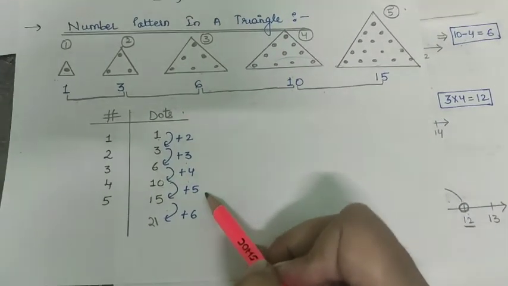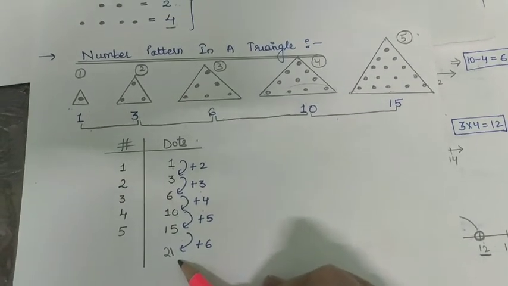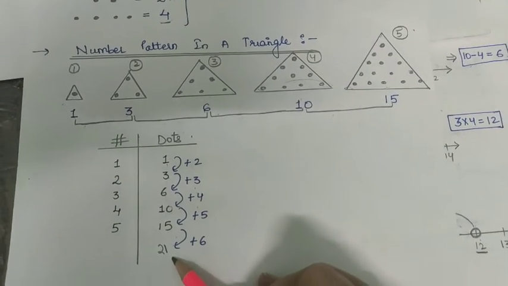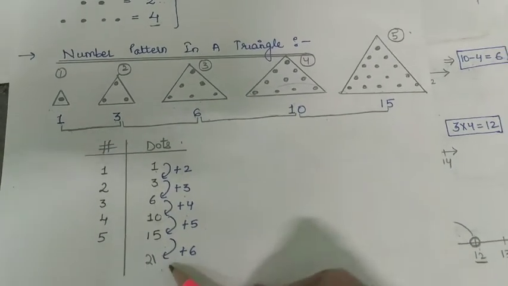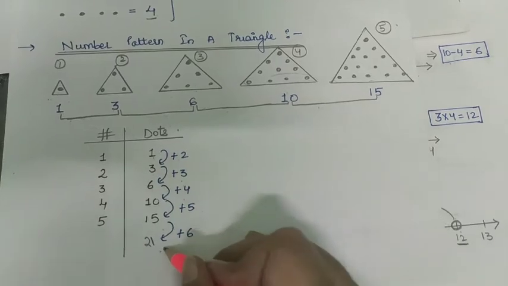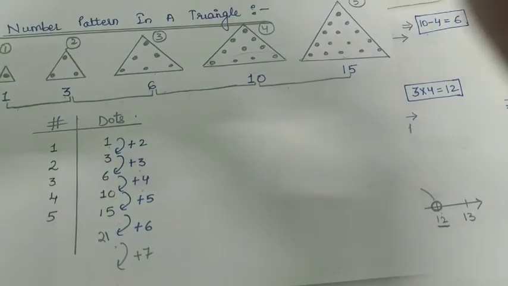After 5, I add 6 to 15 and get 21 dots. That is, 21 is another triangular number. And this series will go on like this: after 6 I will add 7 to 21 and get 28, another triangular number.